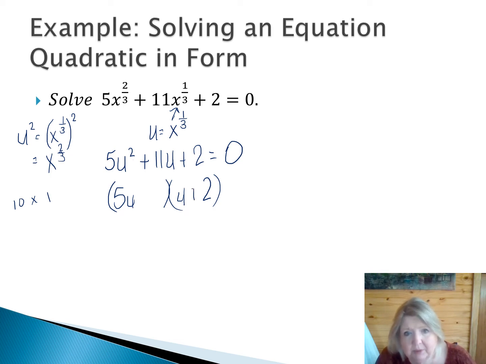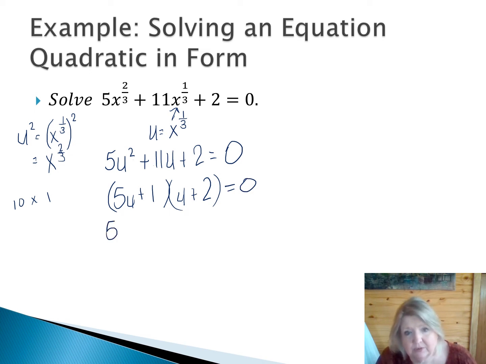And everybody up there is positive. And don't forget your 1. Double check it by doing a quick FOIL if you need to. Outer is 10, inner is 1, that makes 11, and the last is positive 2. It checks. So I have factored. I've got 2 factors multiplied together to give me 0.